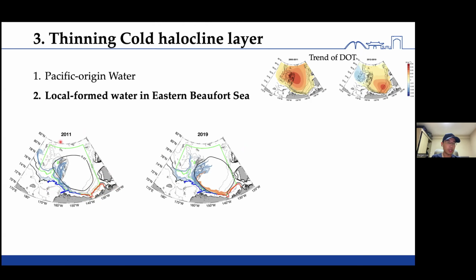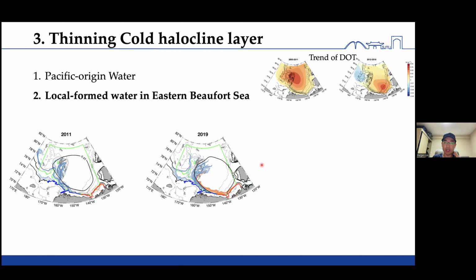You see that in 2011, most of the blue particles get into the Canada Basin, the Beaufort Gyre region, but the red particles are more like dangling around the shelf, not really getting into the region. By contrast, in 2019, more red particles get into the Canada Basin, the Beaufort Gyre region.